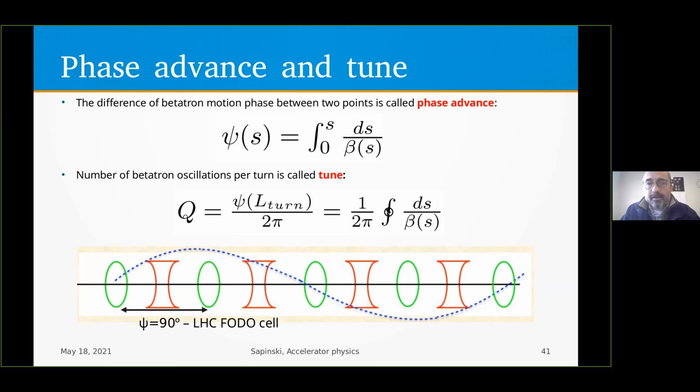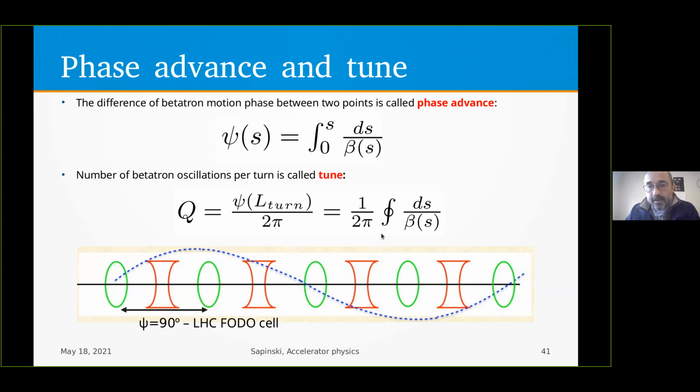One is the phase advance, which is the phase of the Betatron oscillation from one point to another point. And it can be expressed as this integral over the beta function. And then the total phase advance in the synchrotron is called the tune. So the tune is how much phase advance the particle gets after going through the whole circle of the machine.